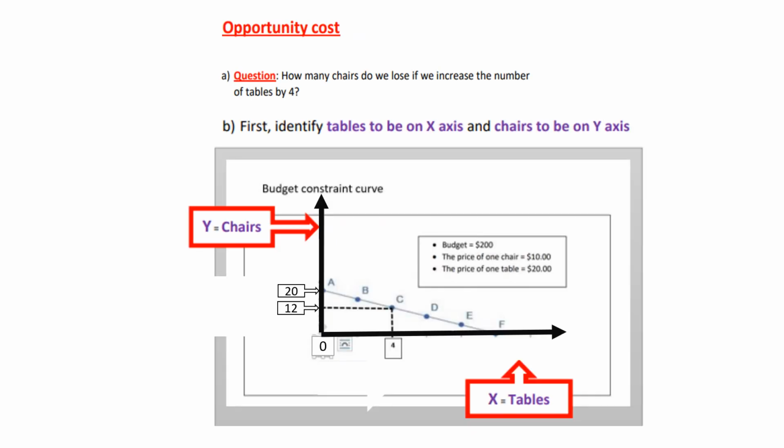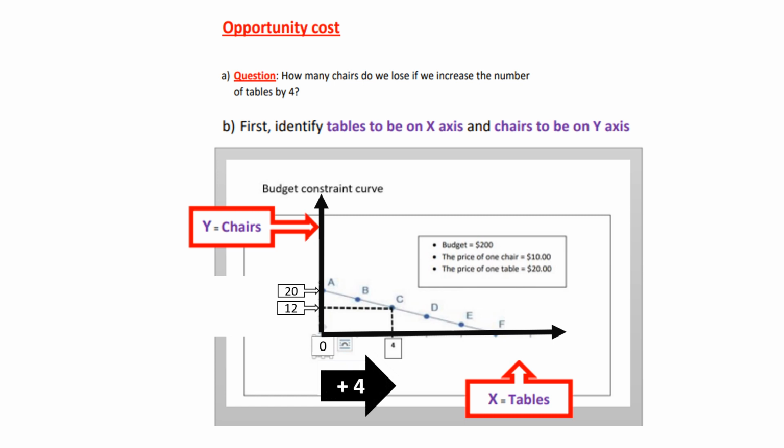The next concept would be opportunity costs. Here's the question. How many chairs do we lose if we increase the number of tables by 4? It is important to understand what is opportunity cost.